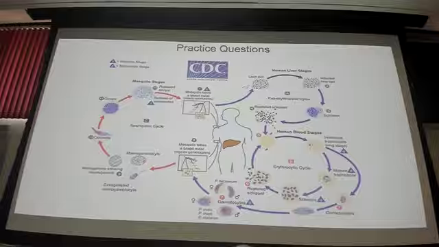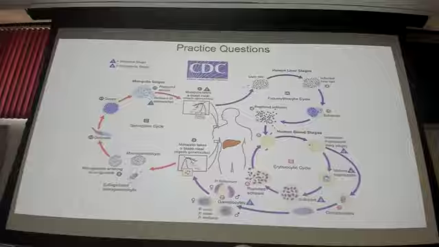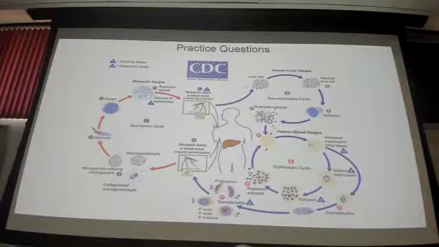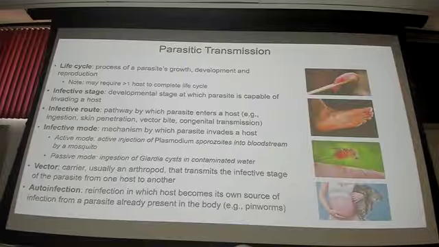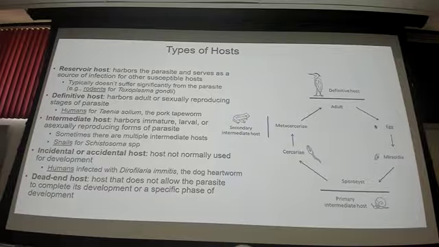Then we have a bunch of stuff that we haven't talked about yet, but basically asexual development in the human host. So this is an intermediate or definitive host if the asexual reproduction cycles are happening.